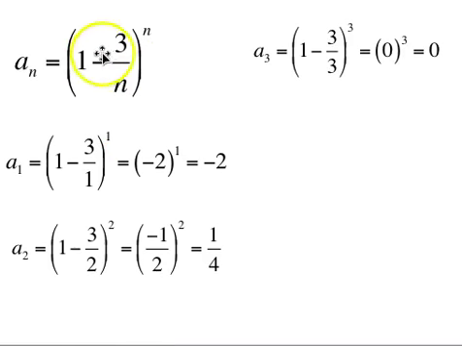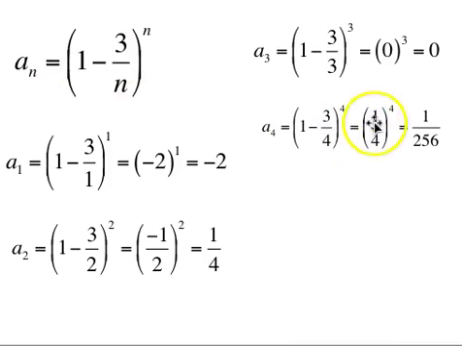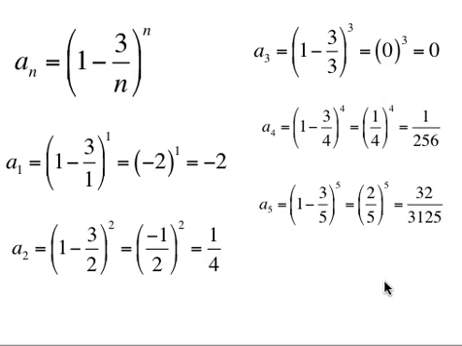A sub 3, 1 minus 3 over 3 to the third power. Well, that's 1 minus 1, 0 to the third power is 0. A sub 4, 1 minus 3 quarters to the fourth power. 1/4 to the fourth power, 1 over 256. A sub 5, 1 minus 3/5 to the fifth power, 2/5 to the fifth power.